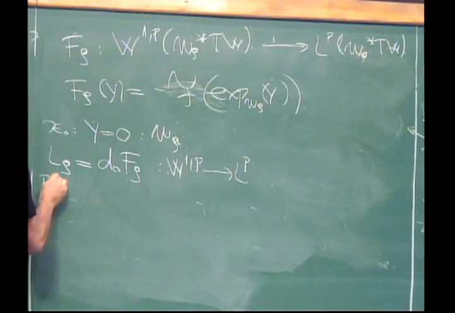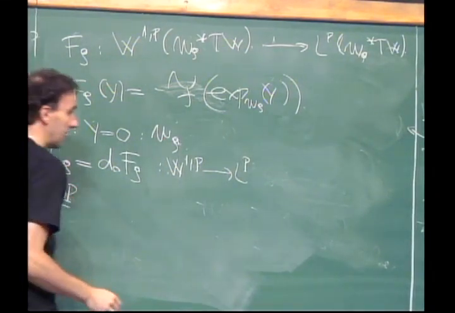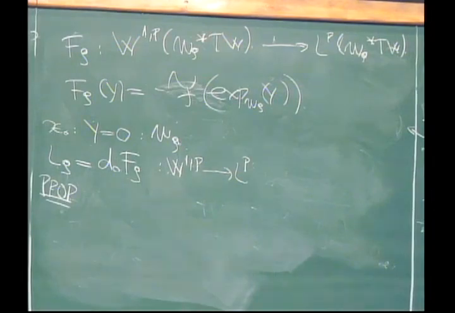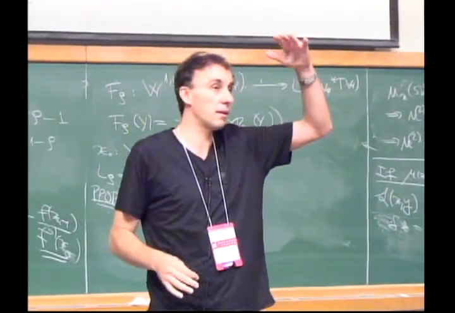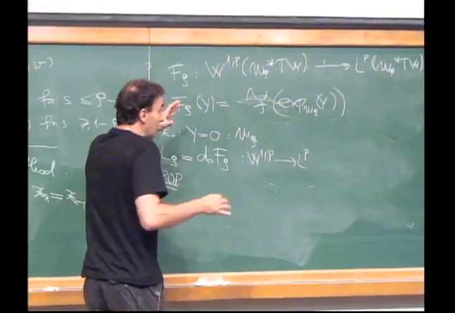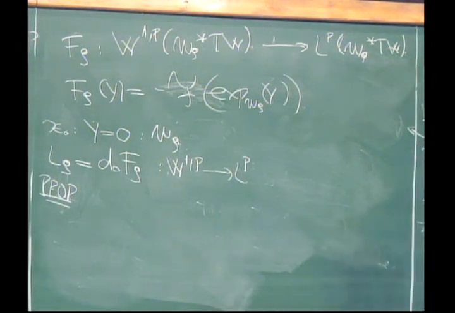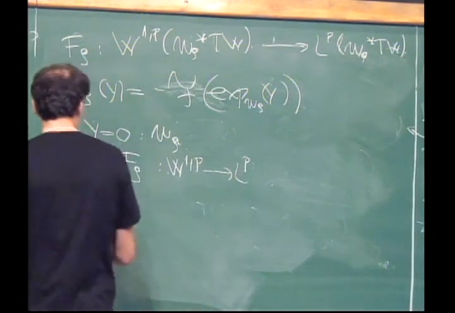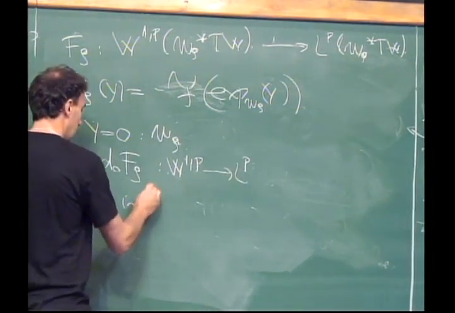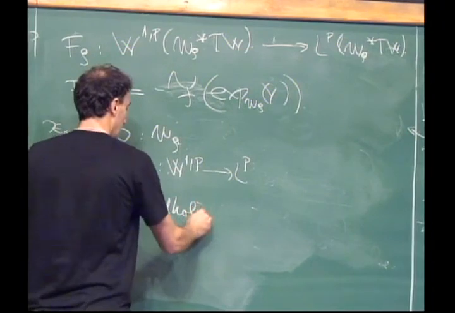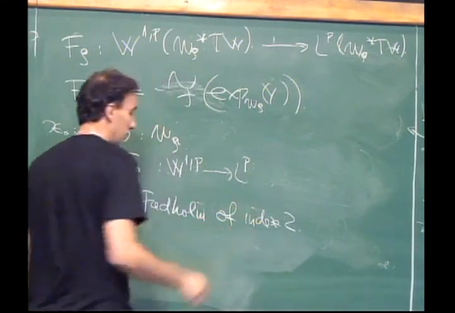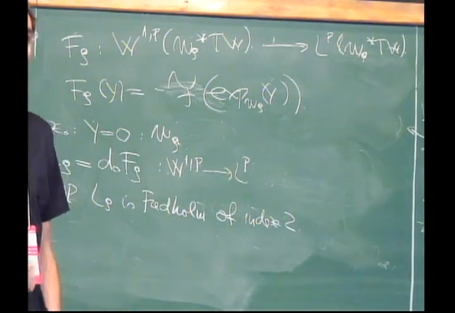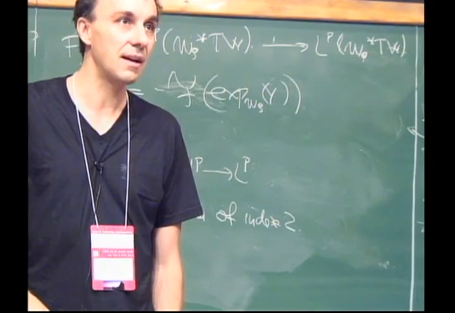Remember that the difference of indexes here is 2, and L rho at the asymptotics has the same asymptotics as the usual Floer operator. So what we can prove here is that L rho is Fredholm of index 2. This is an immediate consequence of the Fredholm property we had in the transversality.